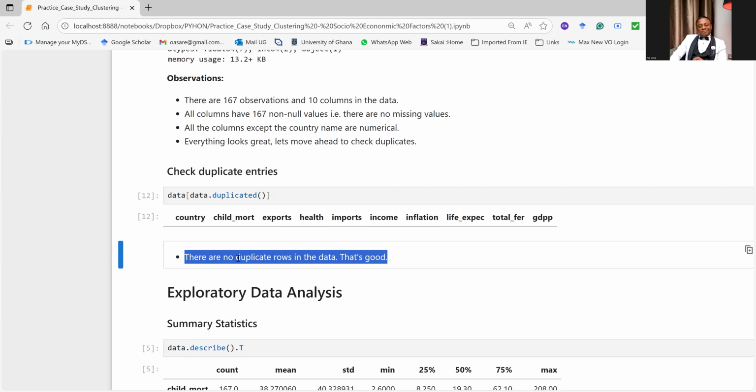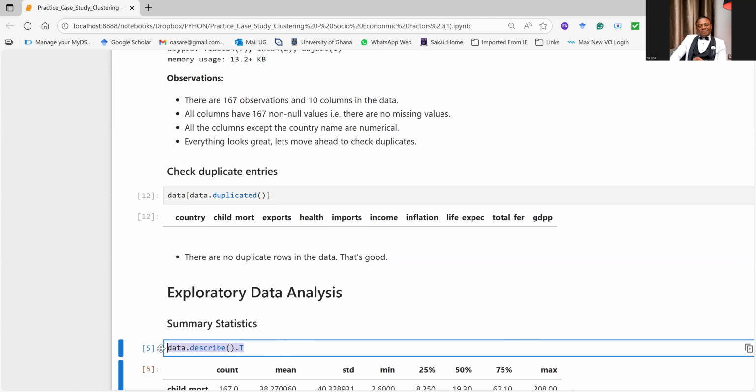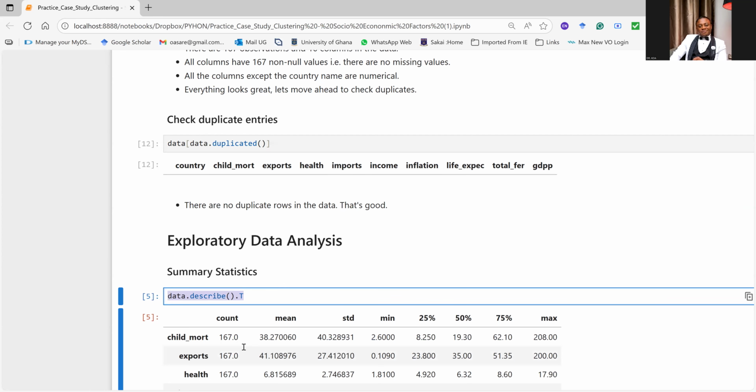You can now do your exploratory data analysis. And what is that? It is trying to do some basic analysis to have a feel and make sure that the data is well described. So the first thing to do is run this command to describe the data set. The T indicates that the result should be transposed. Transpose here means that it should be made vertical if it is horizontal.